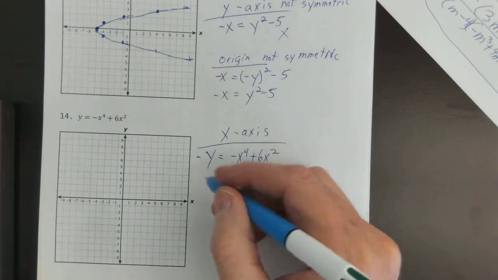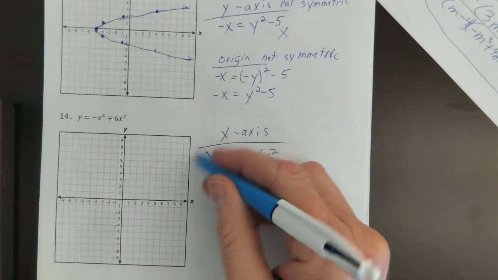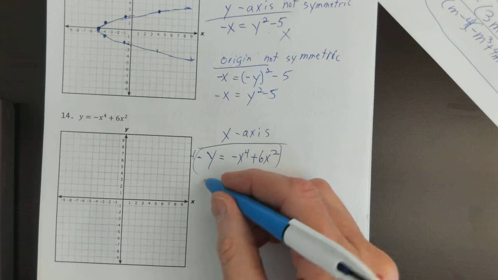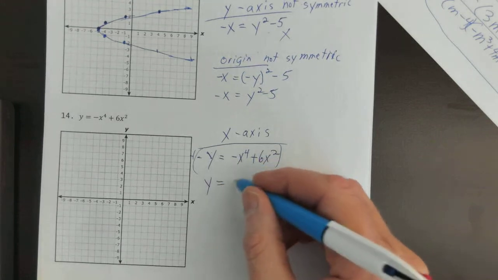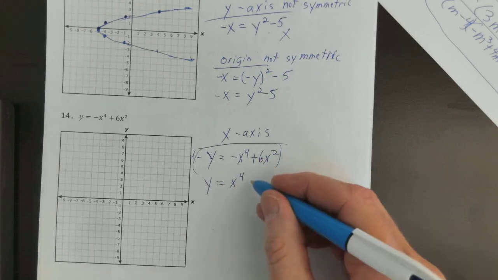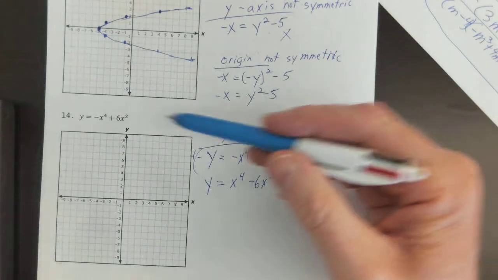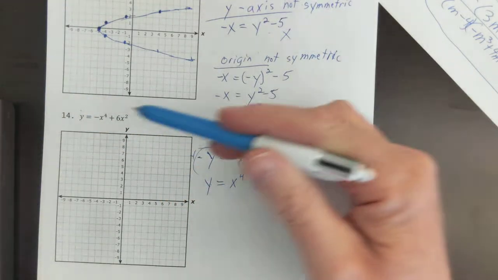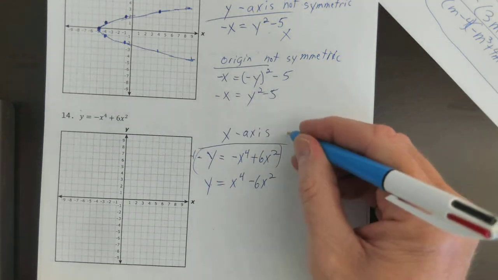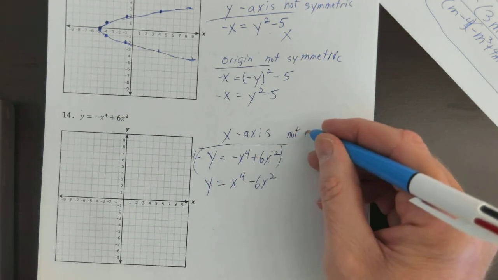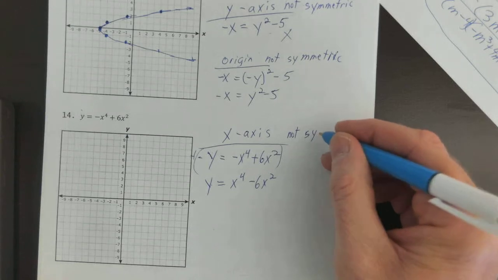So what happens? I'm going to multiply this through by negative 1, and I'll have y equals x to the 4th minus 6x squared. There's y. They are different, they're opposites. So it's not symmetric with respect to the x-axis.